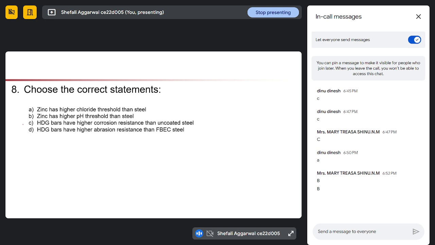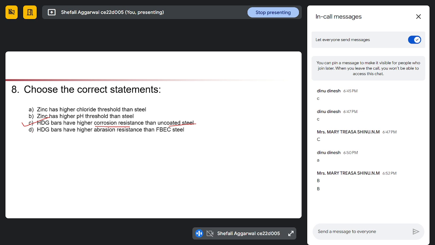The first thing is it has higher corrosion resistance. That's why we are saying zinc will have a higher corrosion resistance than normal uncoated steel. How does it have a higher corrosion resistance? Because it will sacrifice itself, as compared to the uncoated steel bar, which is directly exposed to the atmosphere.